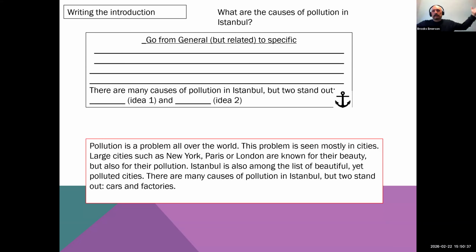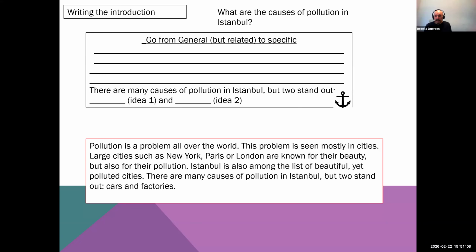Again, you can't start with "I love Father Christmas," because even if you're thinking about talking about how his sleigh causes pollution every December, it's going to be seen as off topic. The reader has to really know what you're talking about, and here the reader can see that I'm talking about something that has to do with pollution.